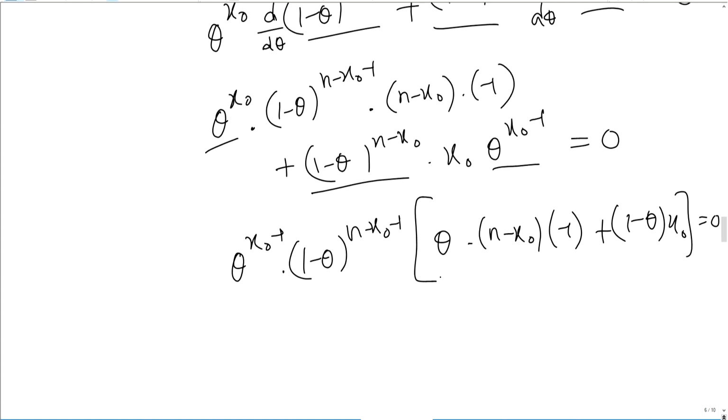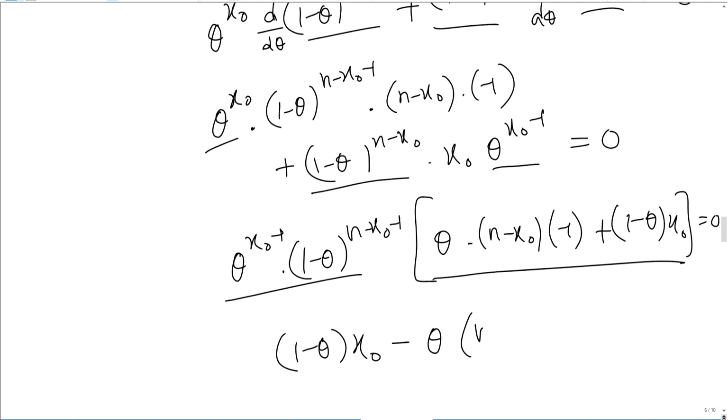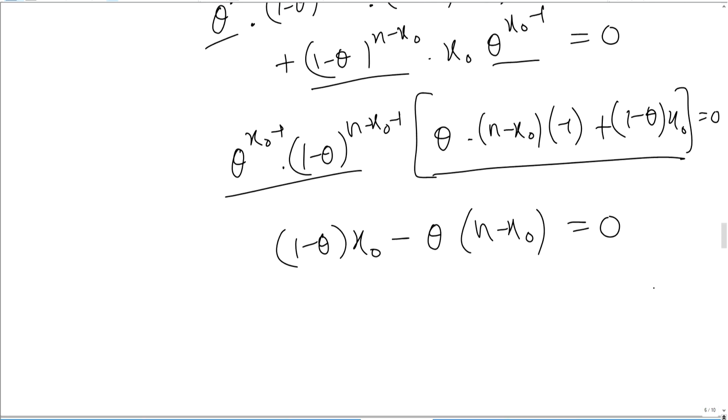Okay. So, either this equals 0 or this equals 0. Let us focus on this quantity: 1 minus theta into x naught minus theta into n minus x naught equals 0. Okay, let us solve this.